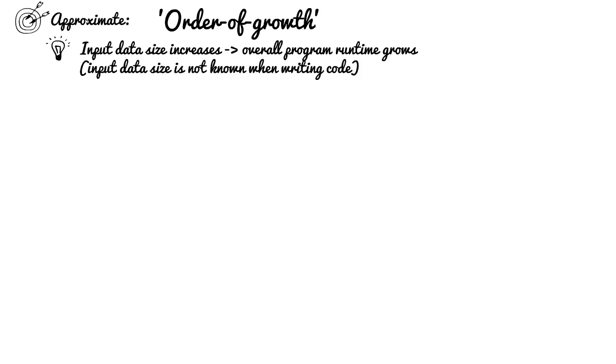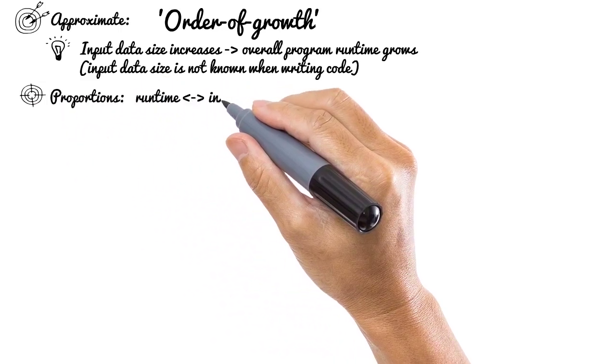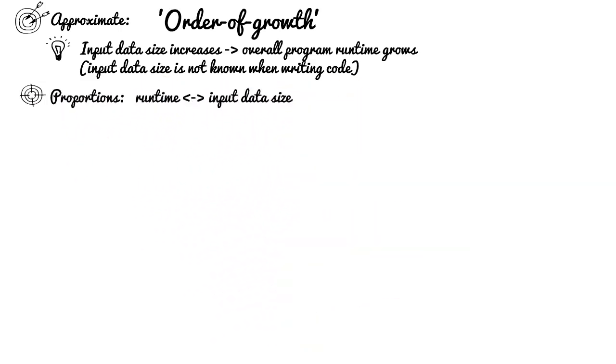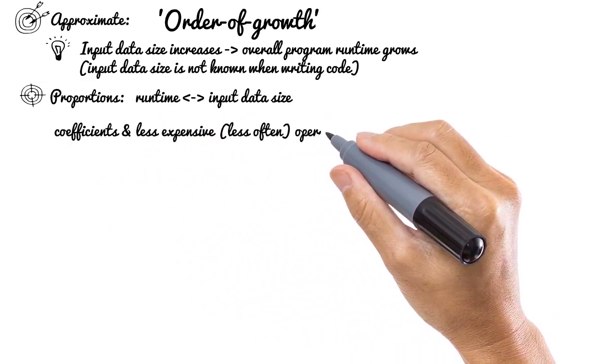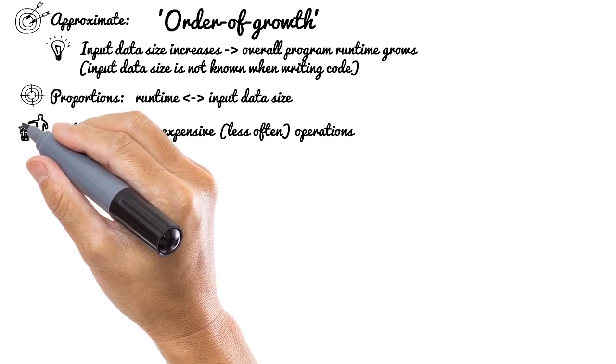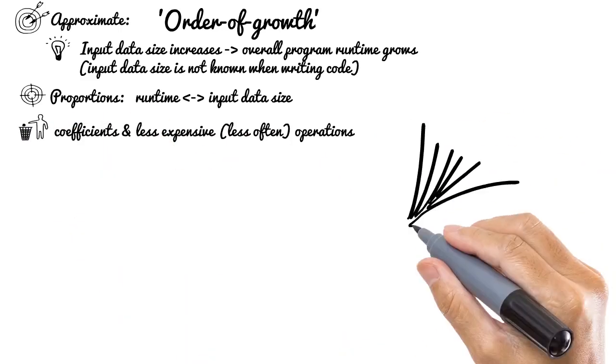We can actually measure in practice runtime for different input data sizes. Or we can analyze code and predict what will be the runtime based on input data size. Proportions between input data size and runtime is the main focus of order of growth. Therefore, for simplification, some coefficients and less expensive or less often operations are discarded.